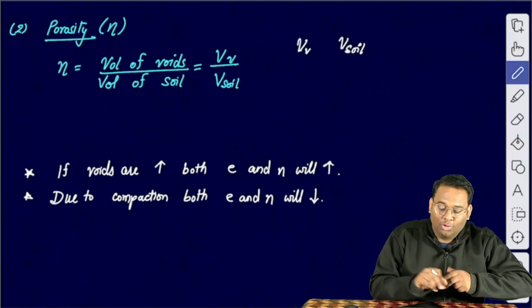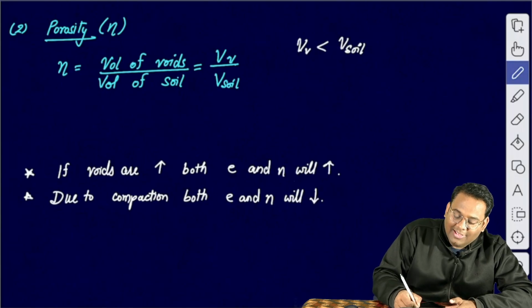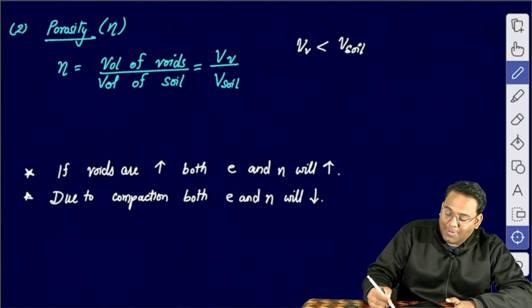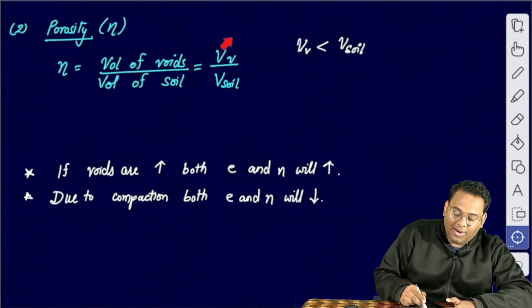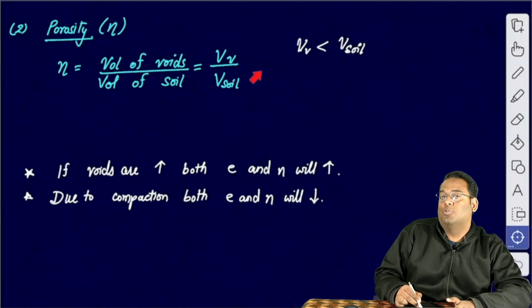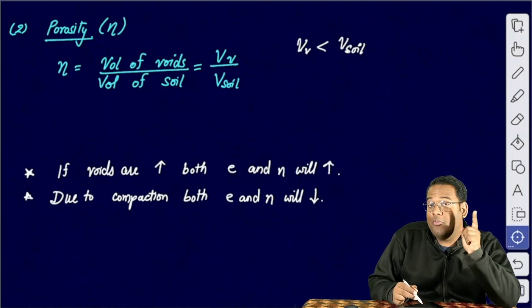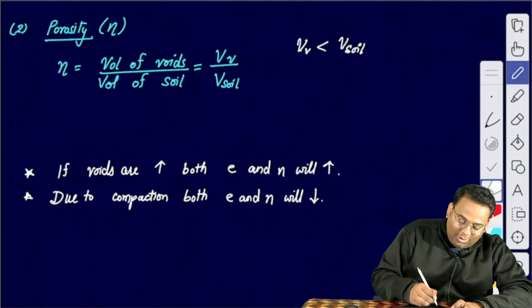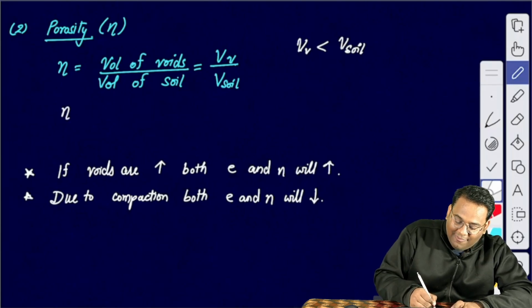So the soil volume will always be more, and if in this ratio the denominator is always more, then the ratio will always be less than 1. Fine. So here we can say that eta will always be less than 1.